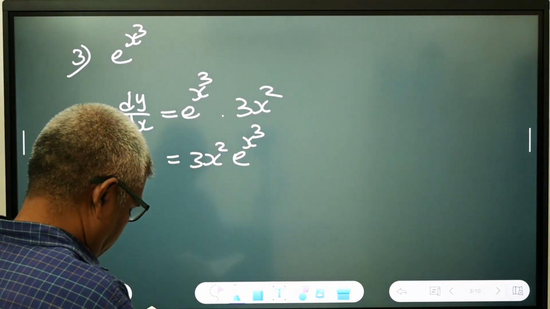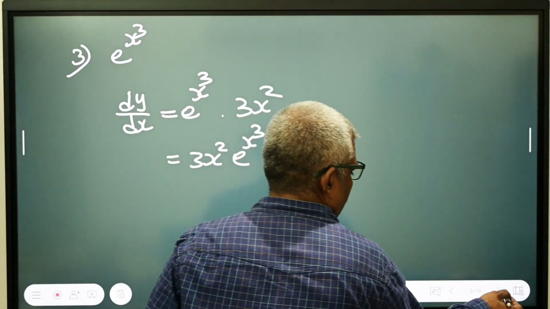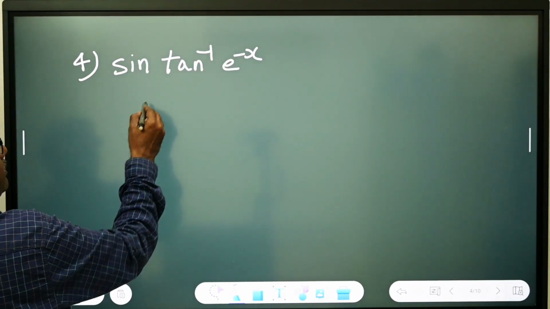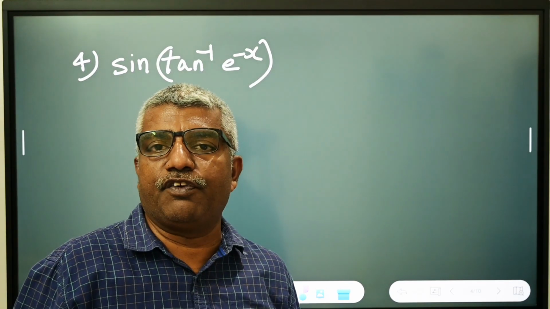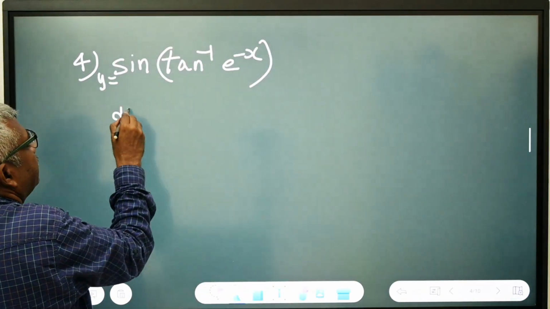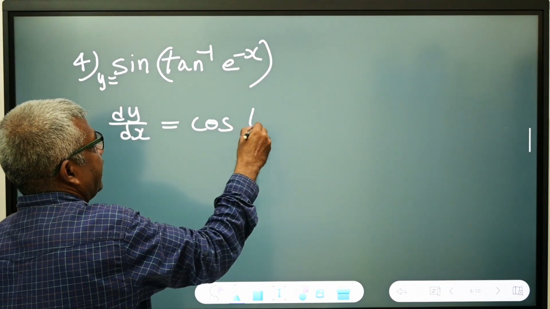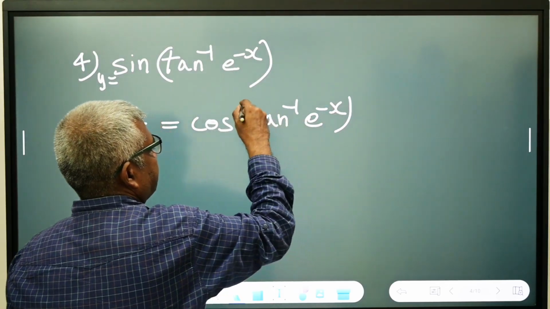Then question number 4: sin tan inverse e power minus x. Sin x, if you differentiate, is cos x. Let y equal to this. Dy by dx is equal to cos tan inverse e power minus x.